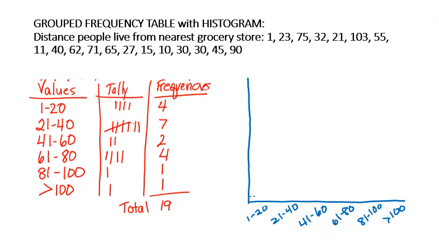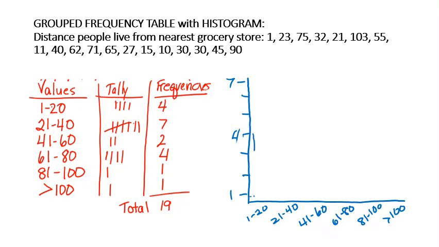Our frequencies range from 1 to 7, so we'll put a 1 here and a 7 up here. We'll put our 4 in the middle, and 6, 5, 3, 2. Ideally, these should be nicely spaced equal intervals. We did pretty well with that. So our first frequency for 1 to 20, we have 4. So the bar will go up to here.